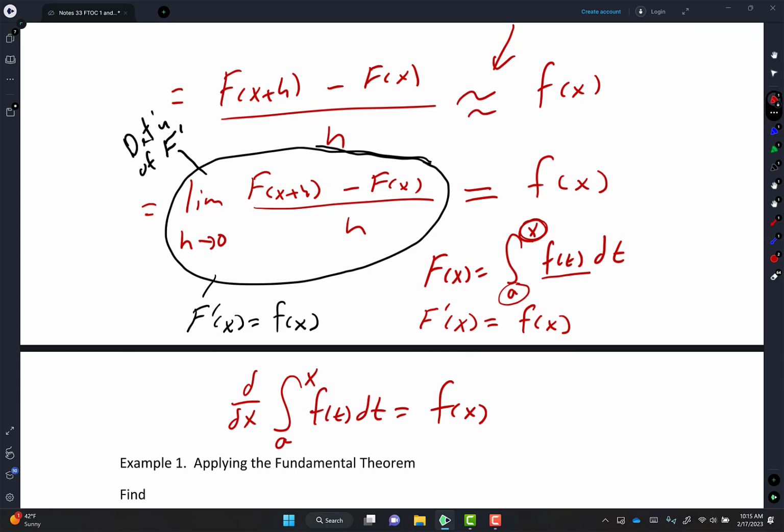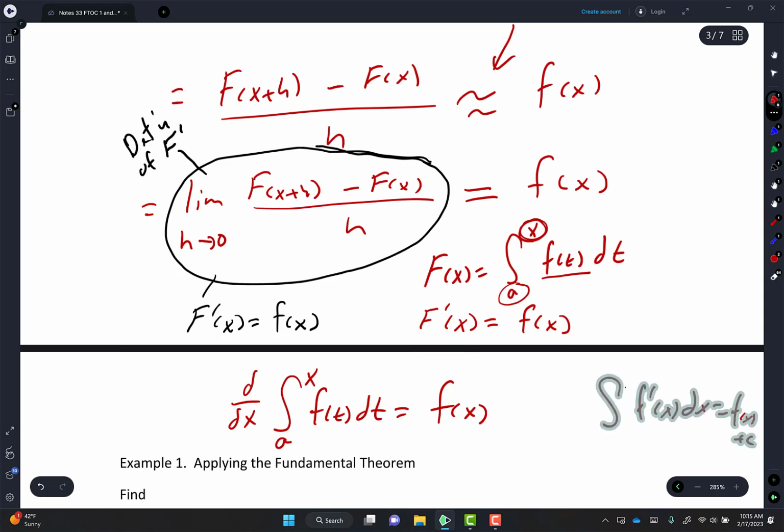So now we know that if you see the integral symbol without a derivative, it just means to do the antiderivative. Because look, if the derivative of this integral symbol of f of t dt is f of x, then if we just see this, you should be like, oh, that just means f of x then. F of x plus c, of course. But that's part 2. We'll get to part 2 in a little bit. Don't worry. We'll get there.